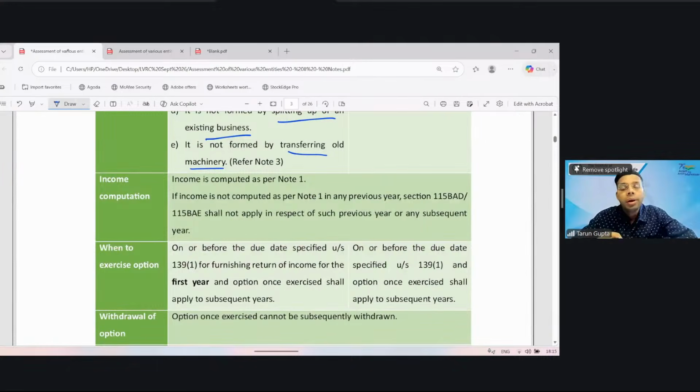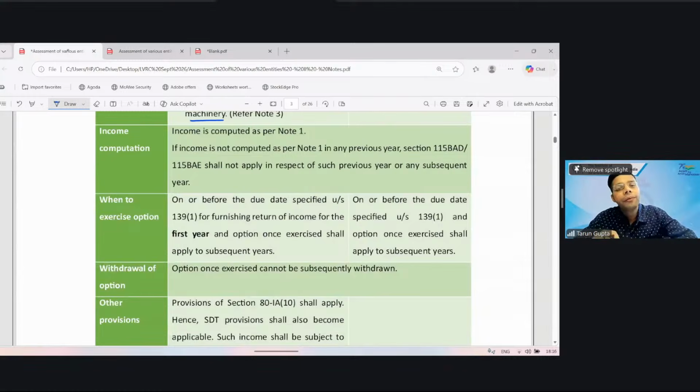Income, of course, is computed without allowing some exemption or deduction. Yeah. But if in any year you compute the income otherwise, then this benefit shall be foregone for that year and for the subsequent years. Okay.